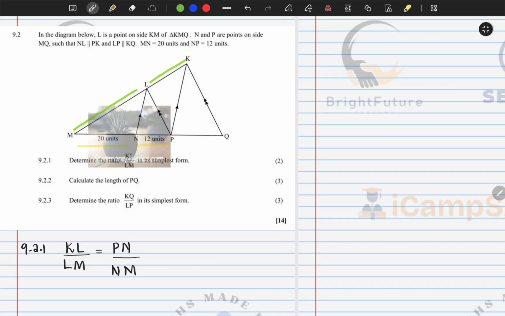And the reason which you can give here is that the side that we are looking at there is a line parallel to one side of a triangle. When you look at your solutions or your class notes, you will be able to understand what we mean. So it's a line parallel to one side of the triangle.